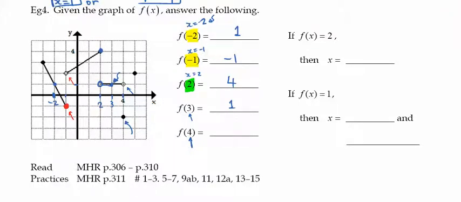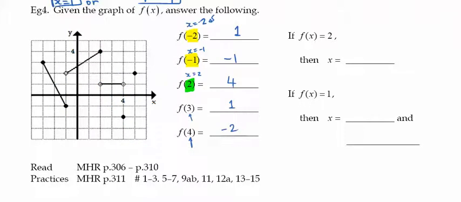The bottom one gives us a solid dot. If it is an empty dot, it is not part of the function. We will only look at points that give us a solid dot or a passing through line. So in this case, what is the output? When x equals 4, what is the output? Negative 4? Negative 2. That is the y coordinate of your point.